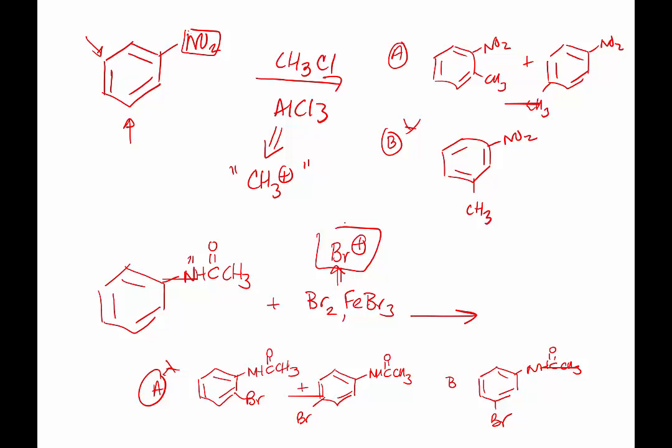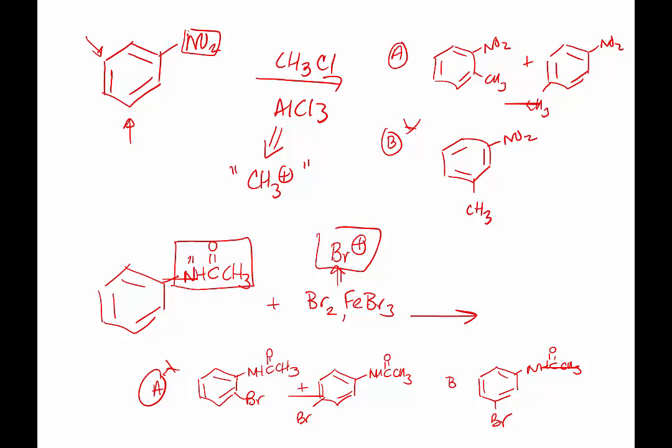And you have to remember those, including the ones that automatically rearrange. But then it's the group on the ring that tells that electrophile where to go. So you need to know whether that group is ortho-para-directing or meta-directing.